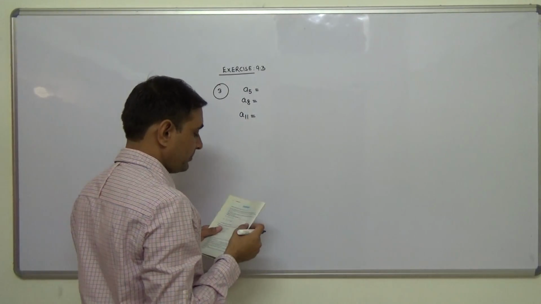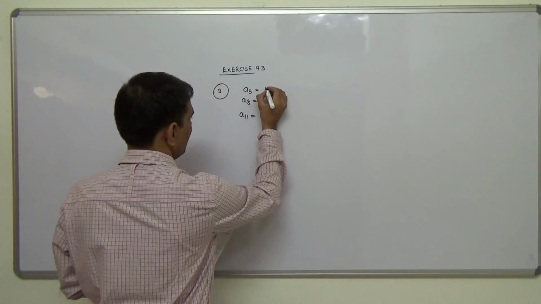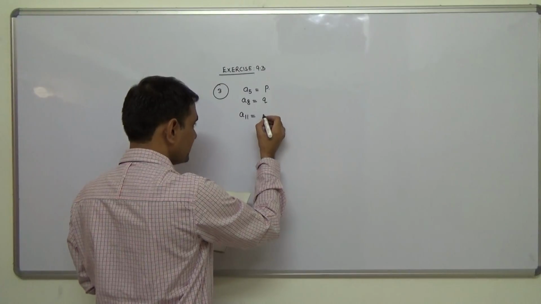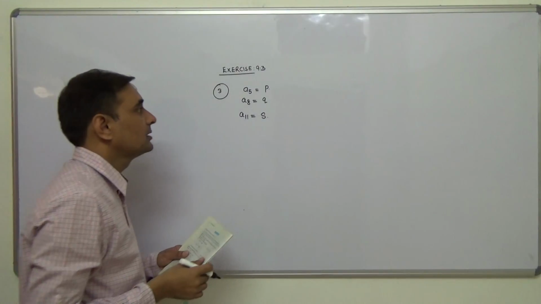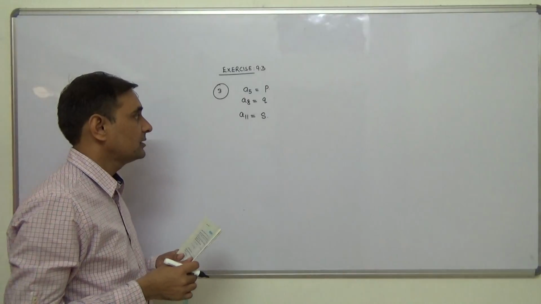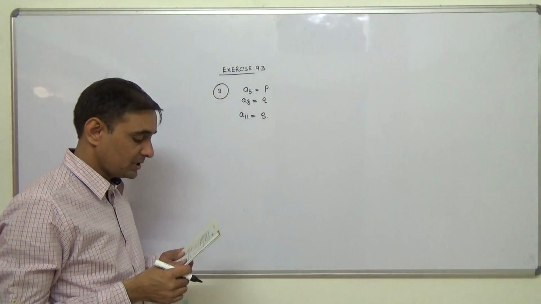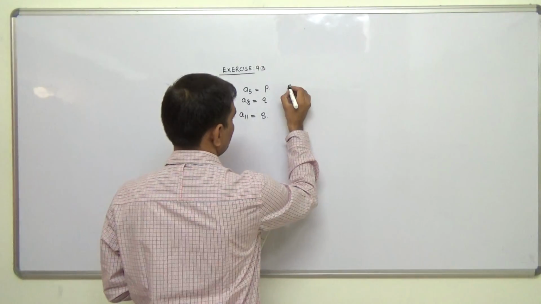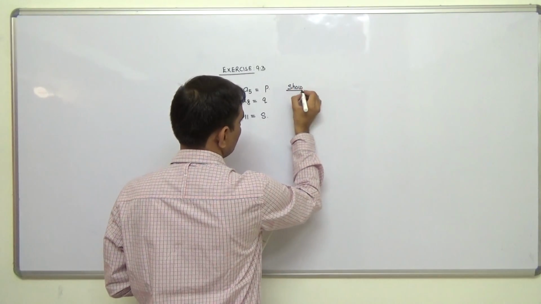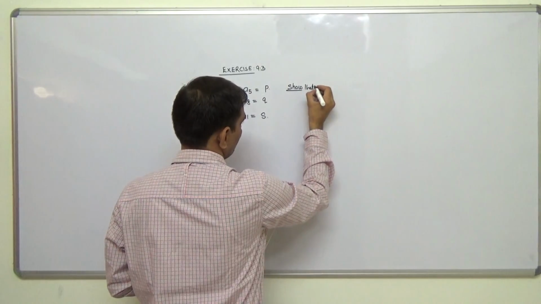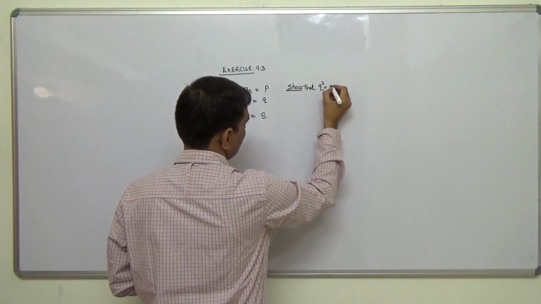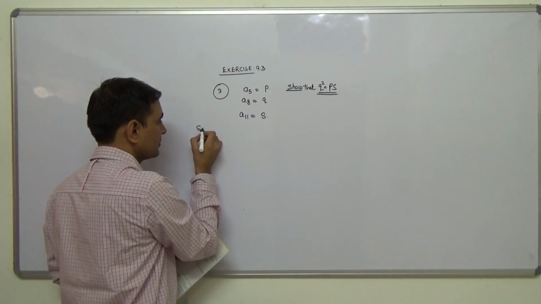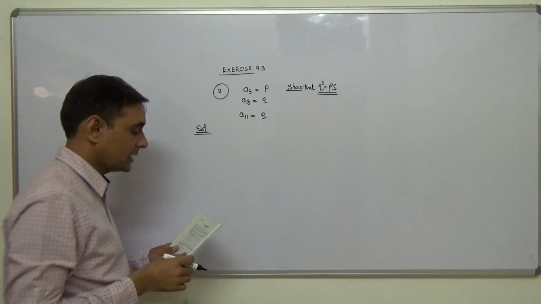A5 is P, A8 is Q and A11 is S, right? 5th term हमें P गिवन है, 8th term Q गिवन है, 11th term S गिवन है और हमें प्रूव करना है. देन शो दैट, हमें शो क्या करना है? Q स्क्वायर इज इक्वल टू PS, ये हमें शो करना है, राइट.